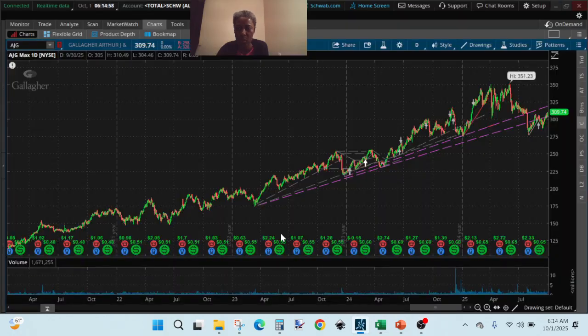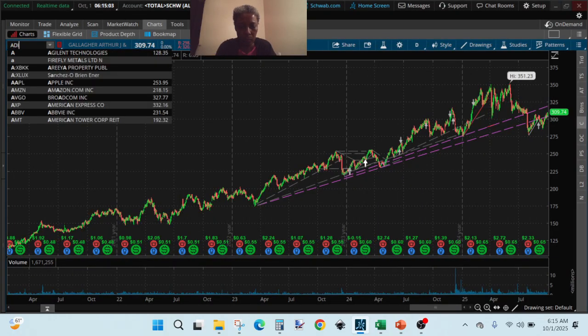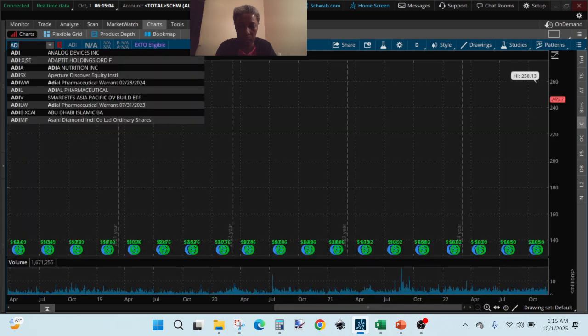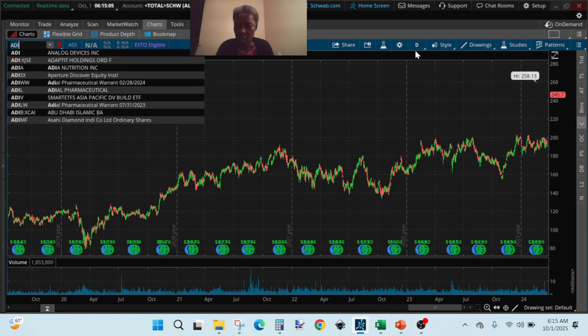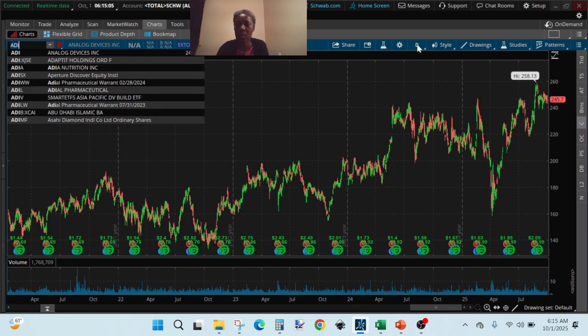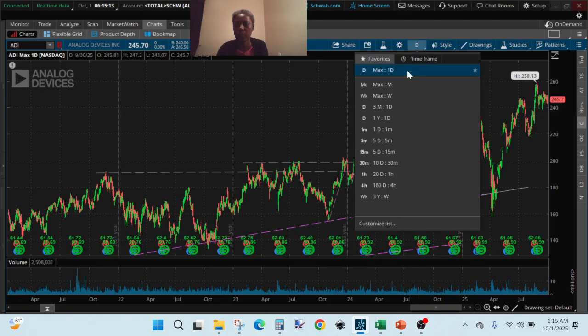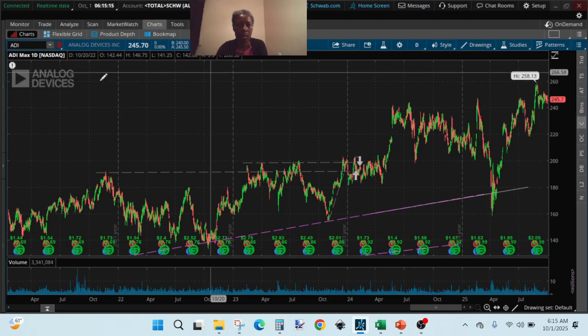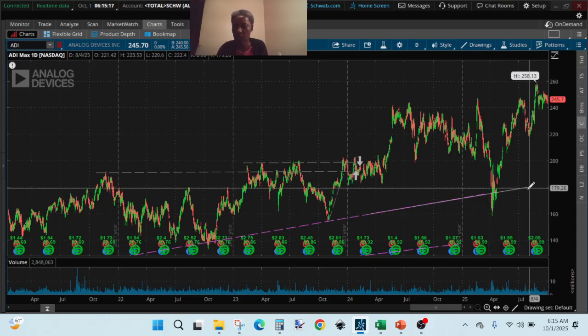ADI is the first one. We have the Thinkorswim platform open. We have the maximum daily chart, and we are just going to compare where we want to buy, which is the support line, to where the price is.